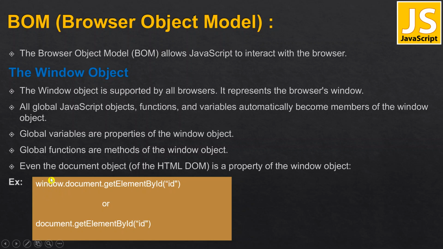As a whole, window is the highest level object in which the document exists, and in that document all the HTML elements exist. That is the browser object model, friends. The window object is nothing but the browser's window. Please remember that part.